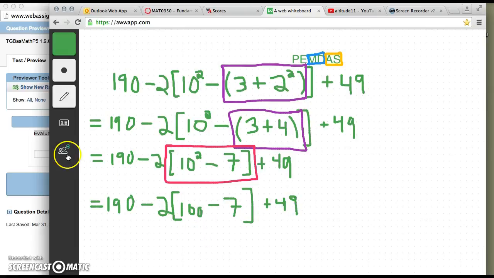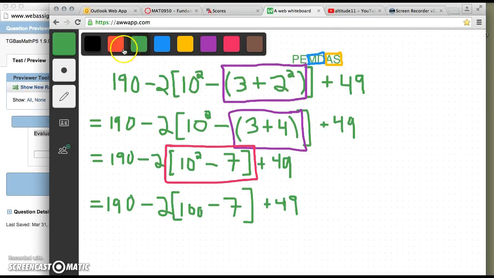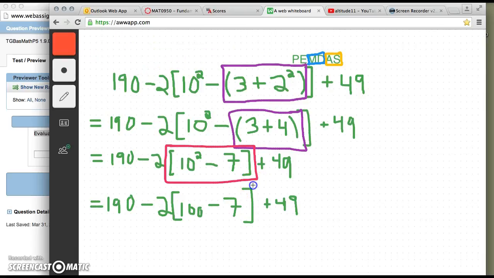There we go. All right, so we still have our parentheses here, guys, so we still need to continue to work inside of that parentheses. Let's ignore everything else. Notice here all we have left is just that one operation of subtraction. So that is what we're going to take care of next. So we still have 190 minus 2.